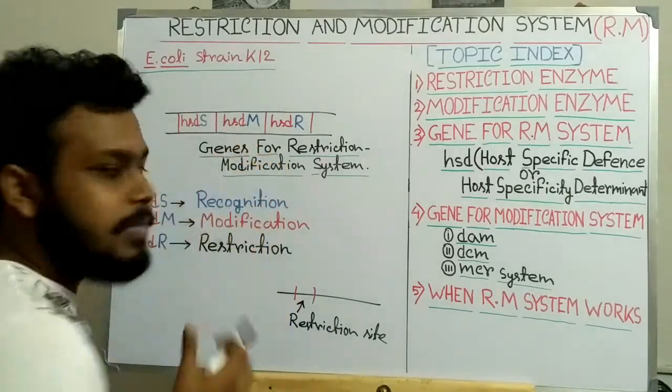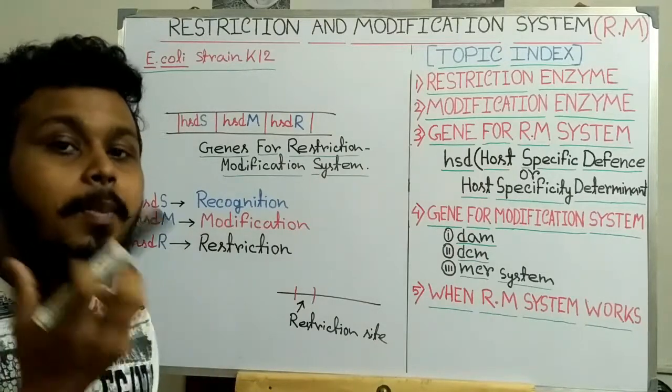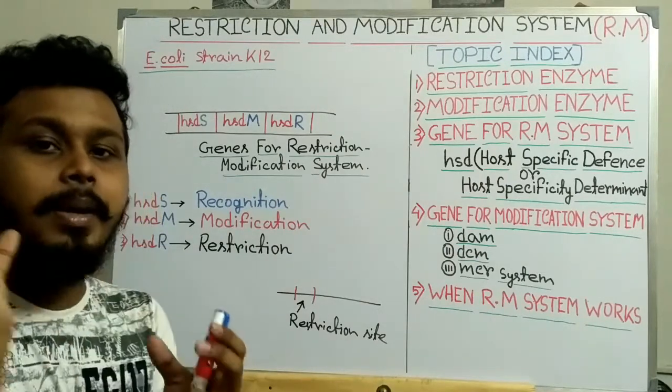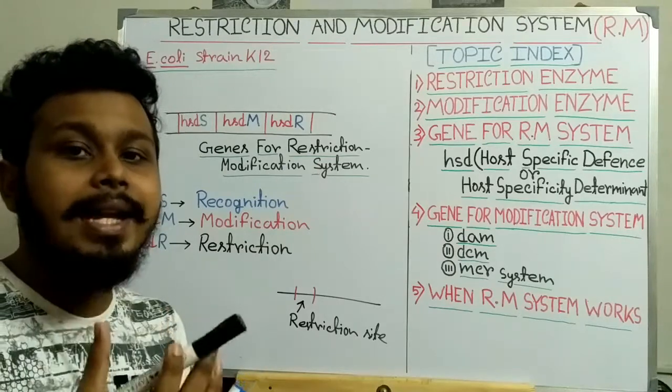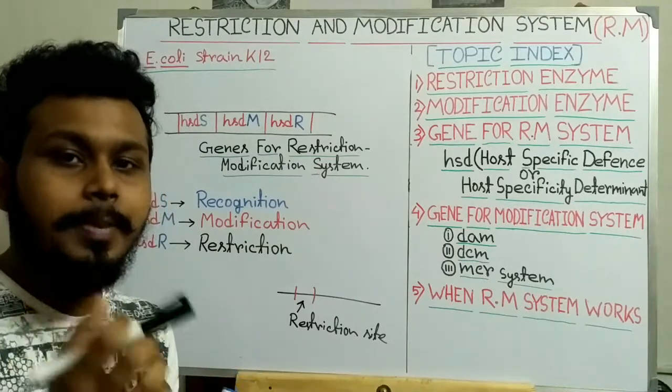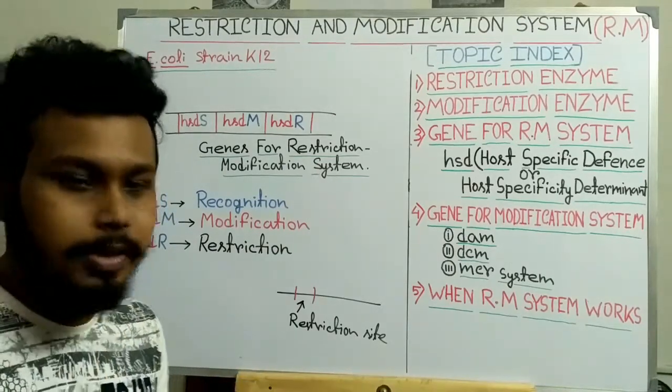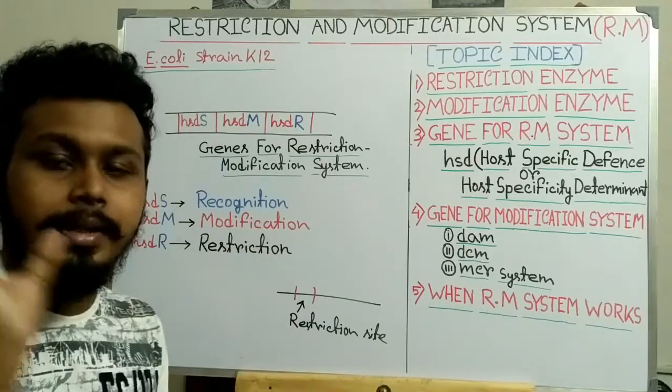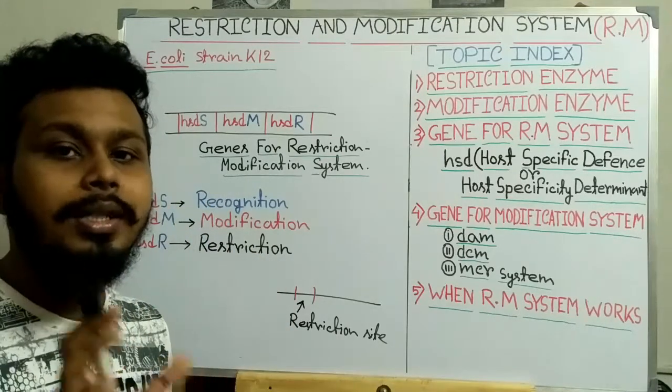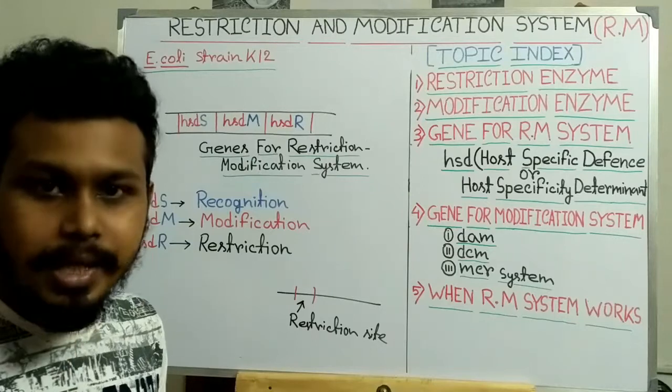This HSDM gene product helps in modification. That means they modify the DNA by adding the methyl group. It is a methylation process, and that's why this type of enzyme is called the methyl transferase enzyme.